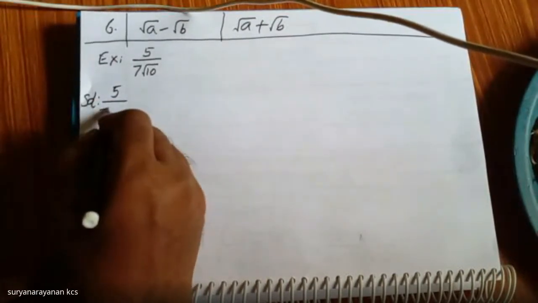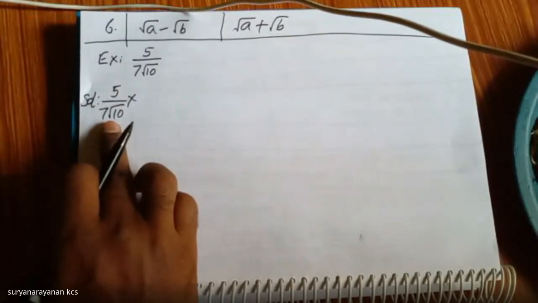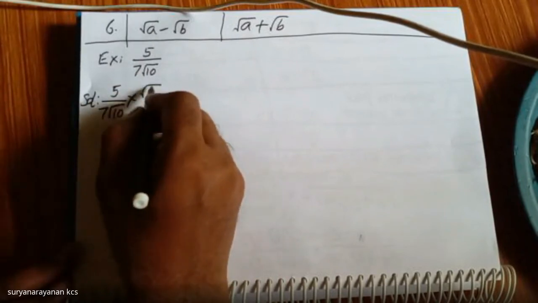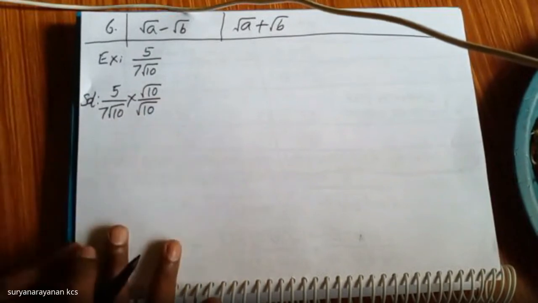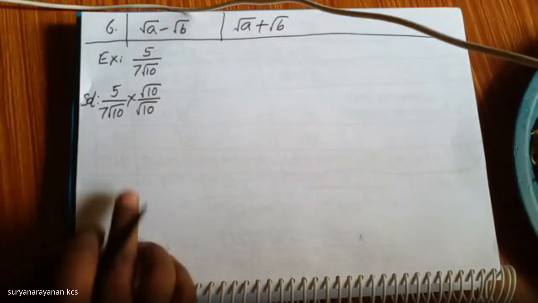5 by 7 root 10 into, what is the rationalizing factor of this number? Root 10 only, not 7 root 10. Don't be confused here, my children. Here the rationalizing factor is root 10 only, not 7 root 10. Now let us see whether we are getting a rational number in the denominator or not.